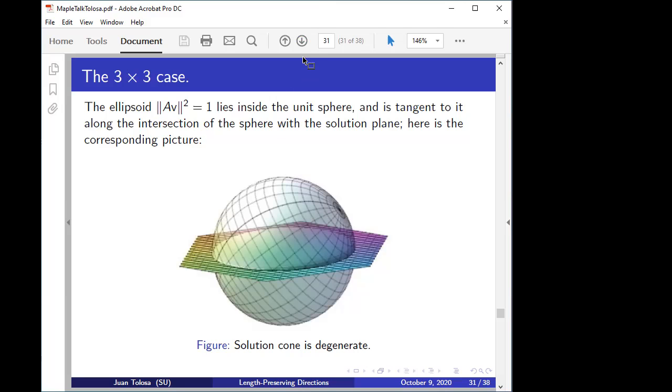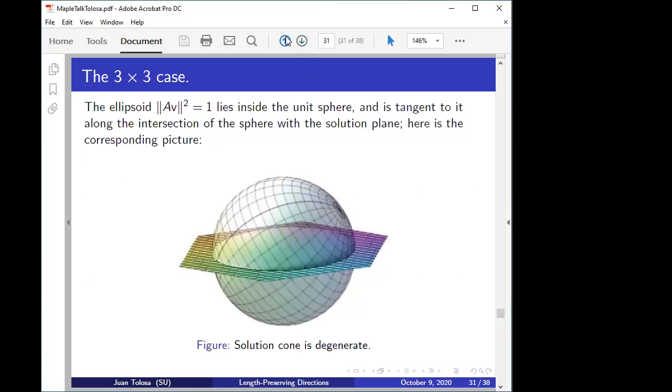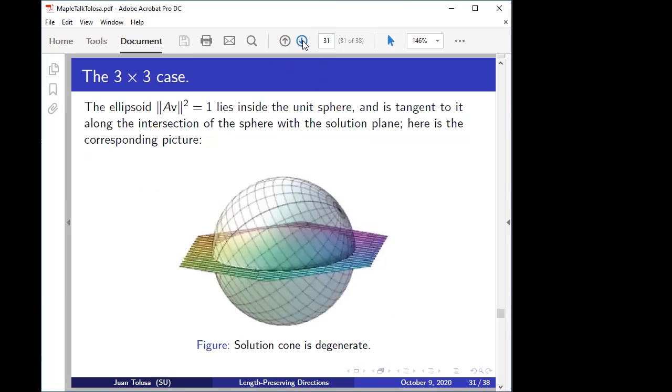So all you have to do is pick a couple of vectors in this plane that generate the plane and have integer coordinates. For example, here I pick 1, 0, -1, and 0, 1, -1. Any combination with integer coefficients will generate a solution vector in this plane.